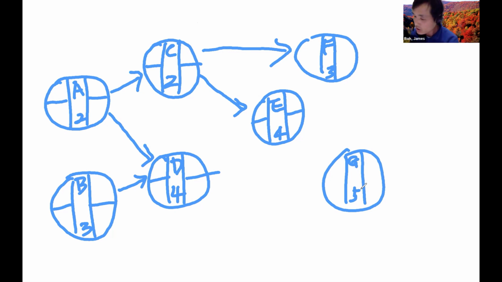And G's predecessors are D and E. D and E here. And then we have H, whose predecessors are F and G.